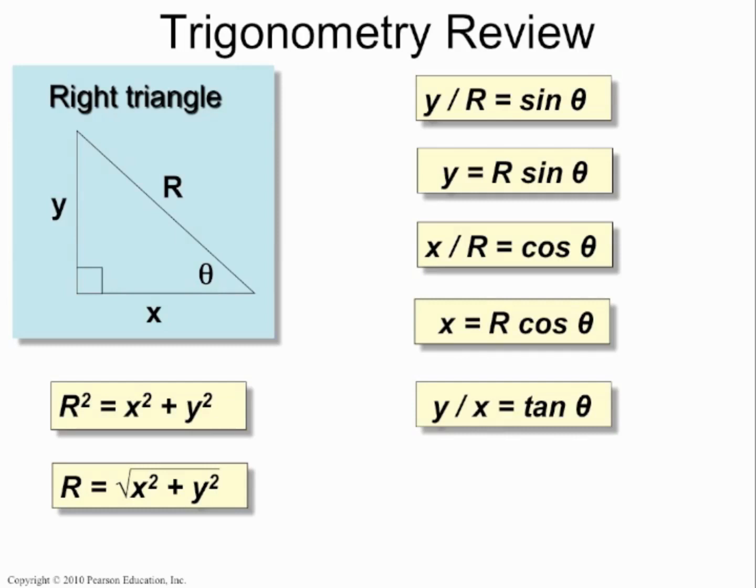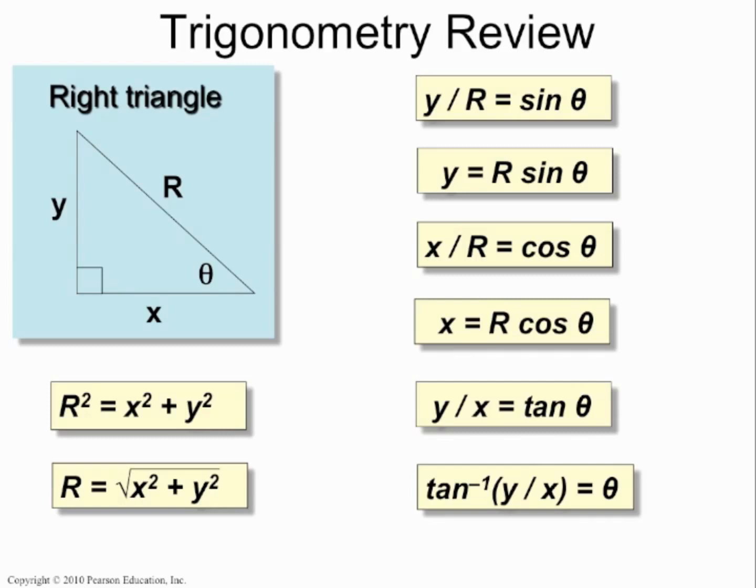This is part of the definition, one of the trig function definitions that you've already learned. But the corollary is even more important than that, which is inverse tangent y over x equals theta. All inverse tangent means is the angle whose tangent is.